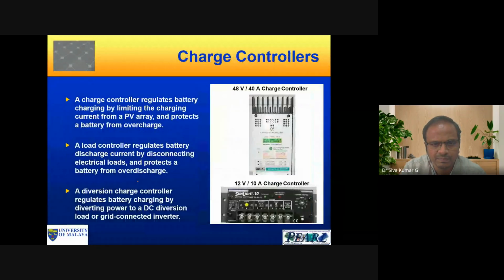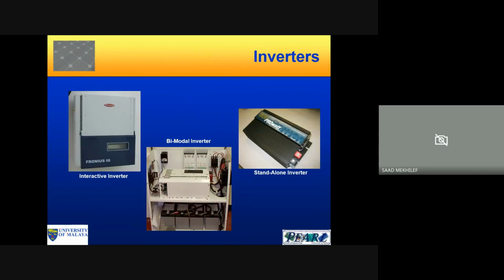Okay. So after this, one of the other components which we talked about yesterday is the inverters. We have a wide range of inverters, starting from a micro inverter, which is around 300 to 500 watt.